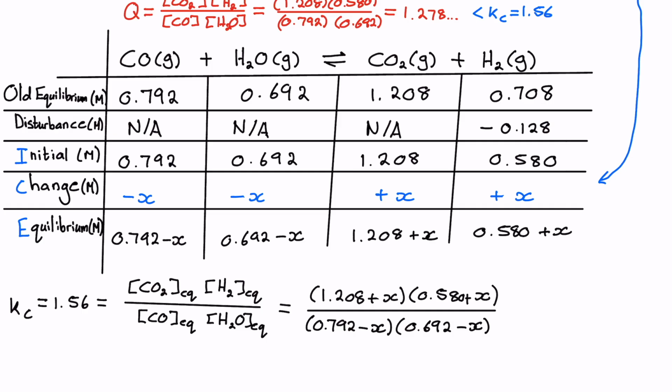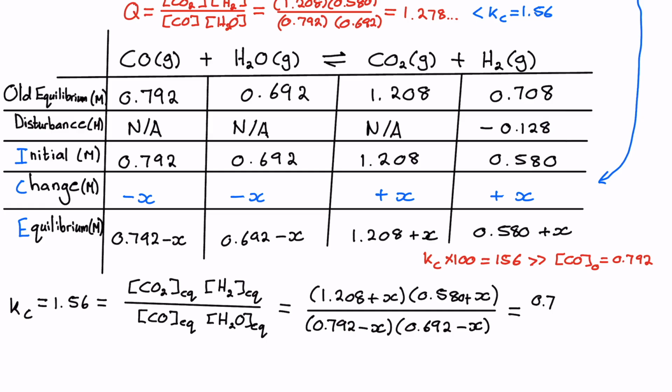And we can't approximate. Why can't we approximate? If you take Kc, multiply by 100, then you get 156, and that is much larger than, say, the initial concentration of any of our species, for example 0.792. So it's not that our concentrations are the biggest numbers that we are working with here. It's definitely Kc. So in other words, we need to expand this and work with our quadratics.